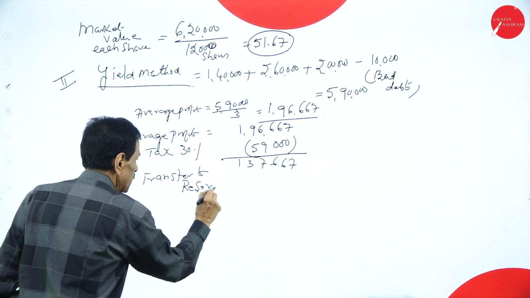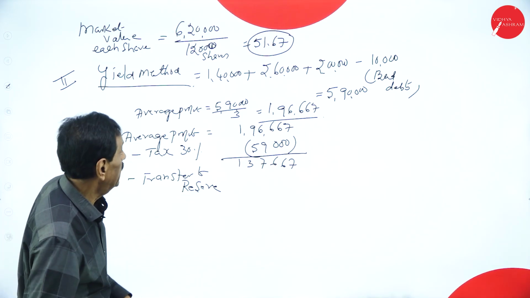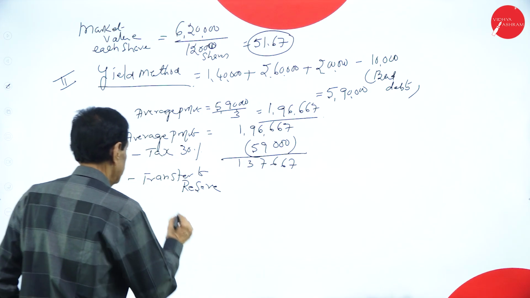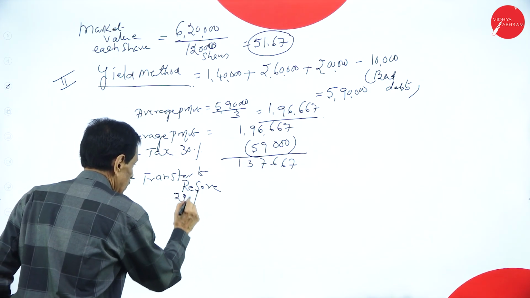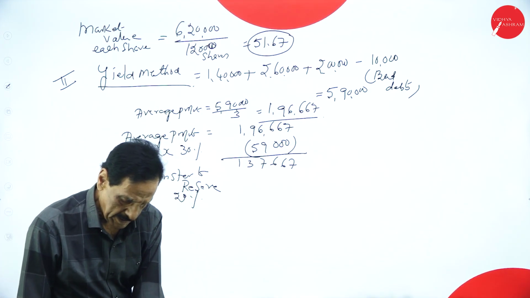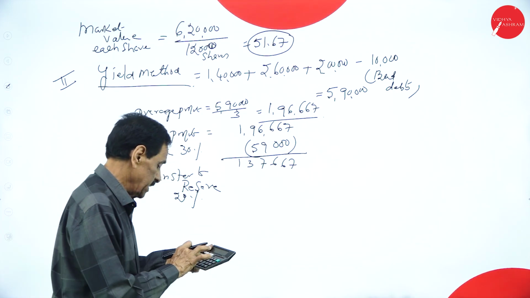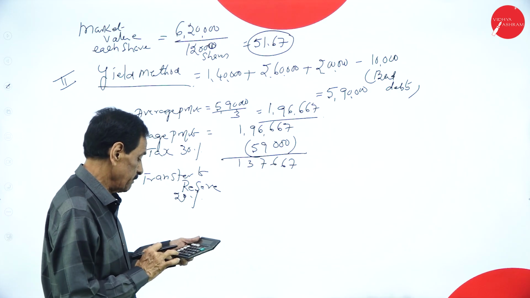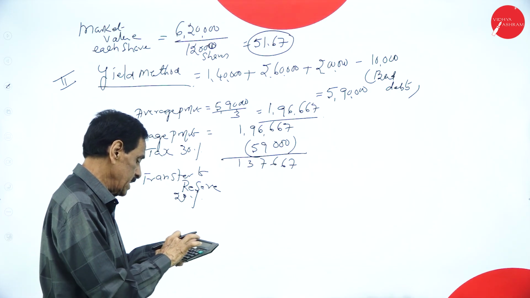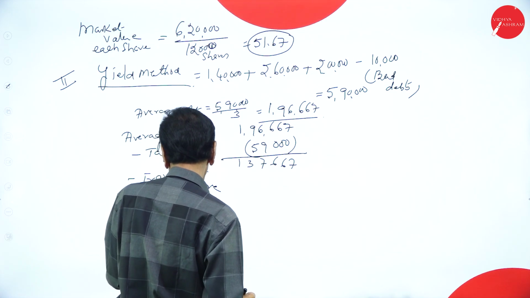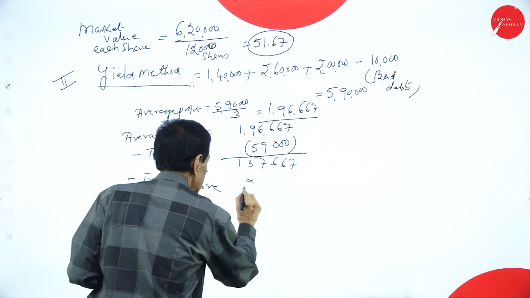Transfer to reserve, how much percentage? 20% on this. 1,37,667 into 20 divided by 100 is 27,533.